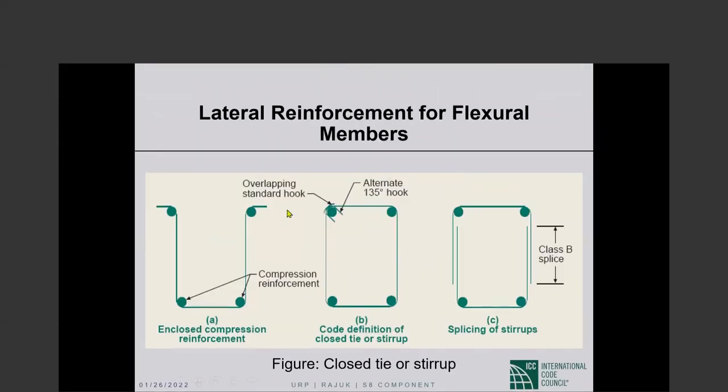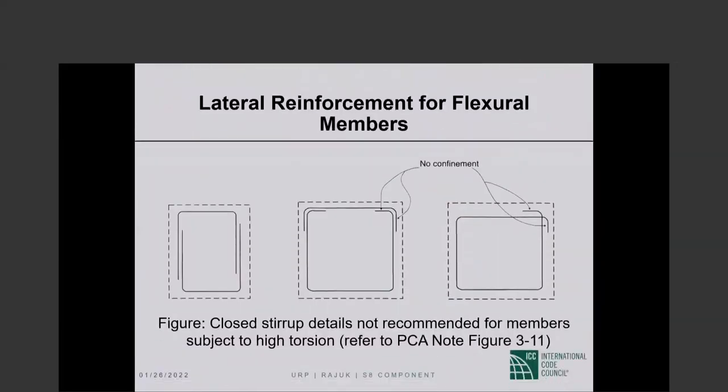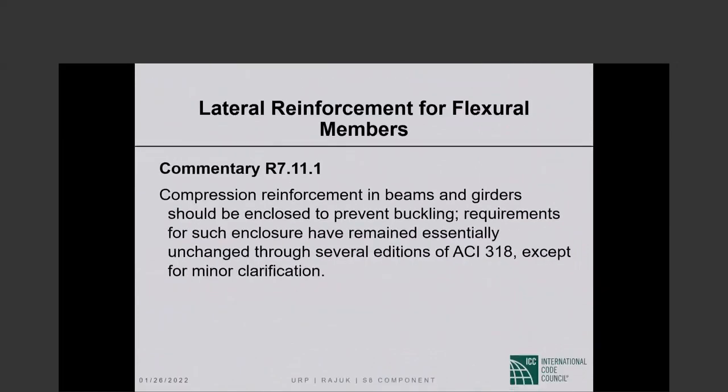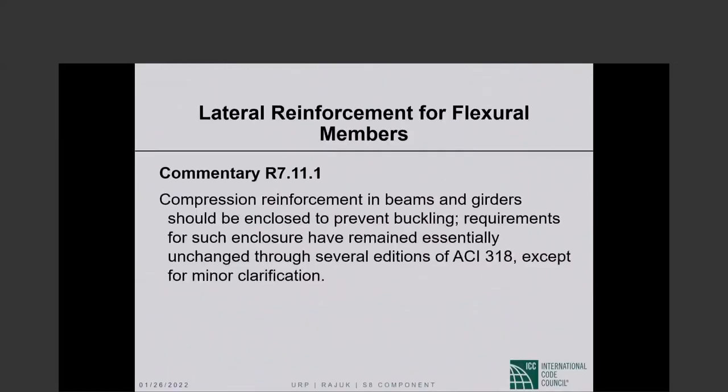And then if it is not seismic, then something like this would be fine. That is pretty much the bottom line. Okay, you have confined the compression reinforcement, but it is not a closed piece of reinforcement.